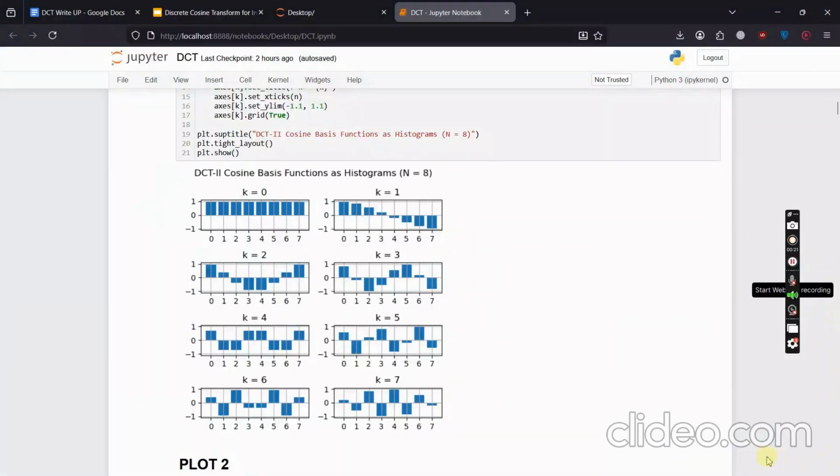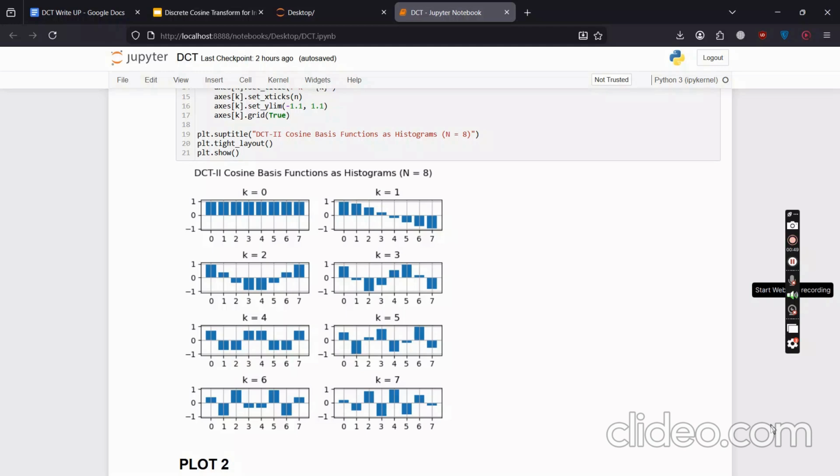Here we are plotting the cosine basis functions of the 1D discrete cosine transform for N equal to 8. Each curve corresponds to one basis function indexed by k. These curves represent the fundamental building blocks used by the DCT to express any length 8 signal as a weighted sum of cosines.